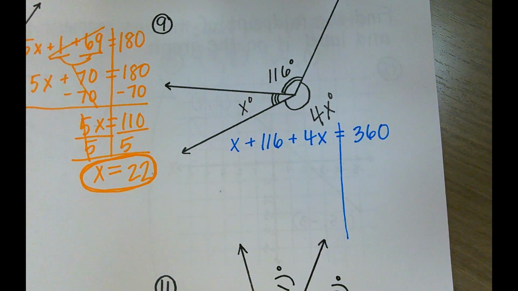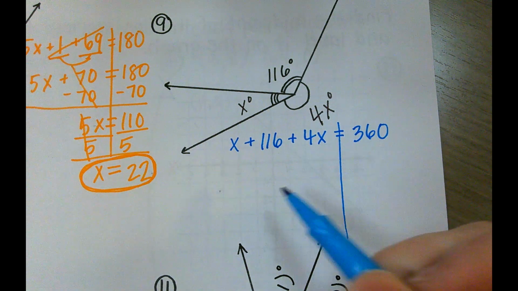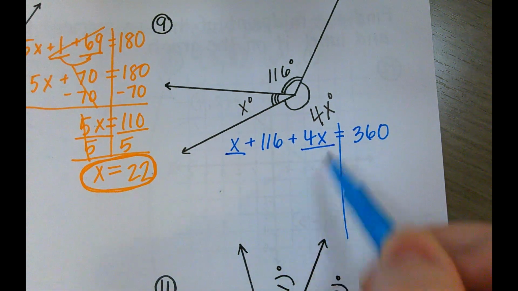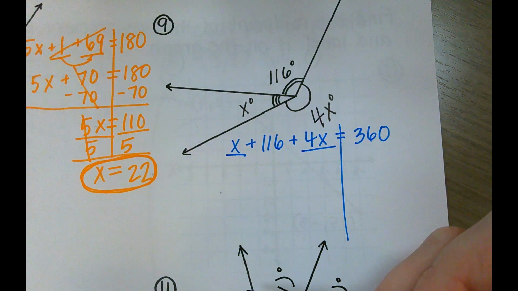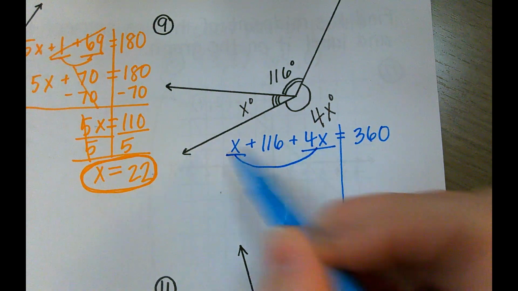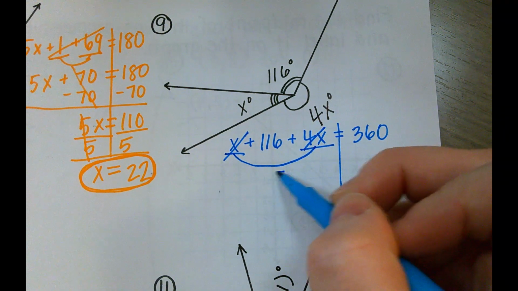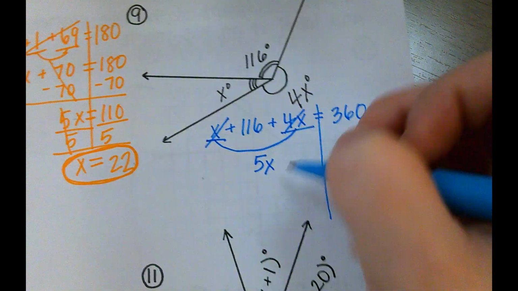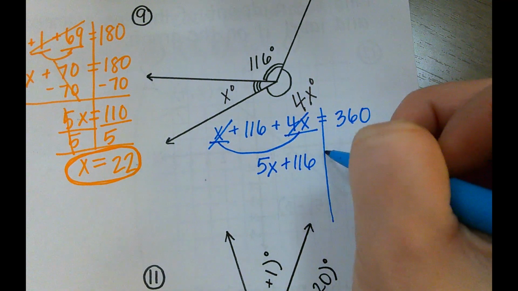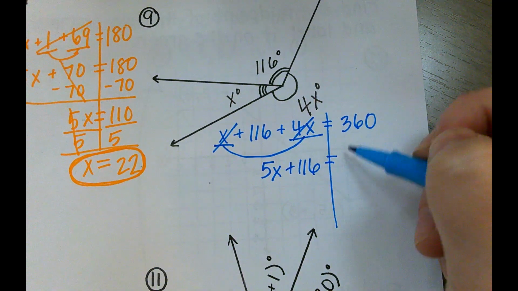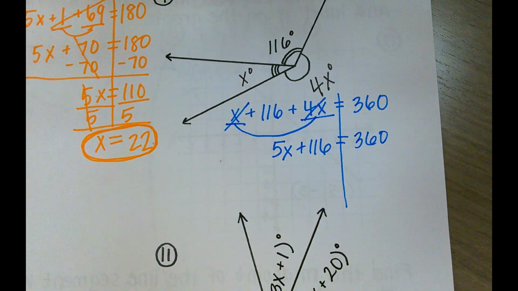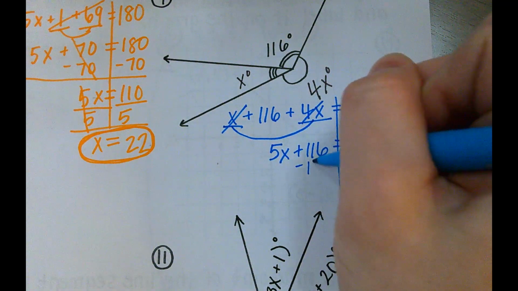And what do I do now? Add like terms. X plus 4x is 5x, plus 116 equals 360. Then you subtract 116.